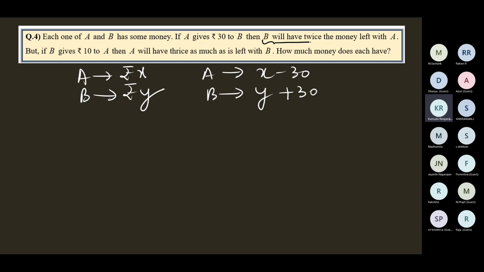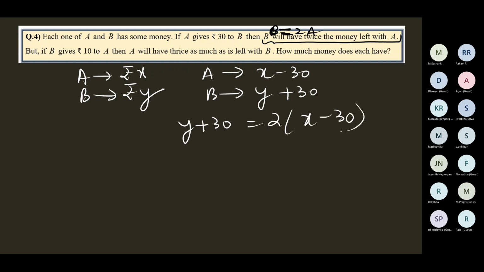B will have twice the money left with A. B will have meaning B equal to twice the money left with A, 2A. So that means B, y plus 30 is equal to 2 into x minus 30. Is for the first one.